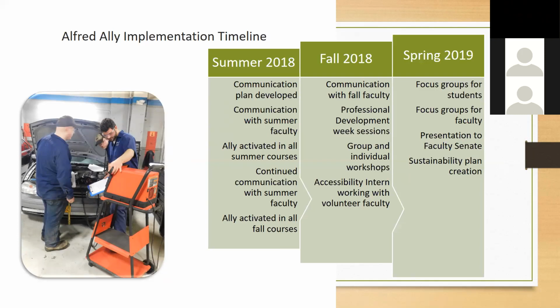We also worked with individuals and offered group sessions. So if different departments wanted us to come in, we could do specific department training that's more appropriate for the types of content that they use in their program.